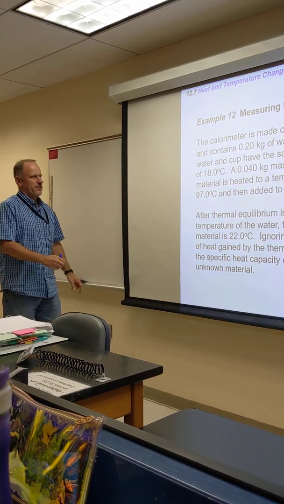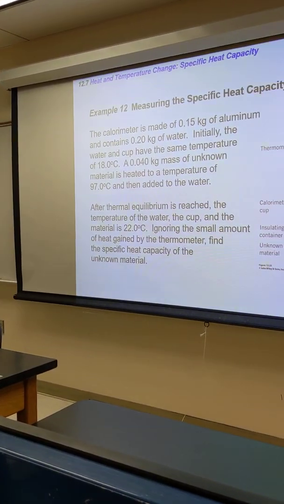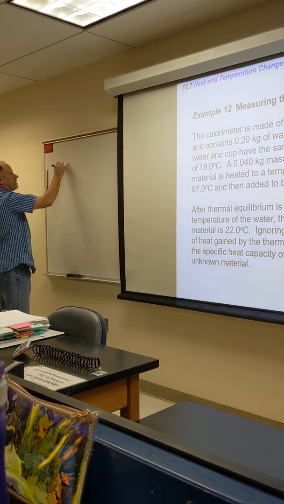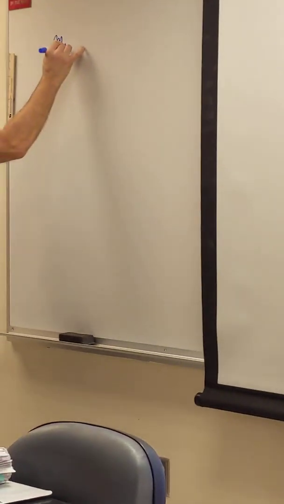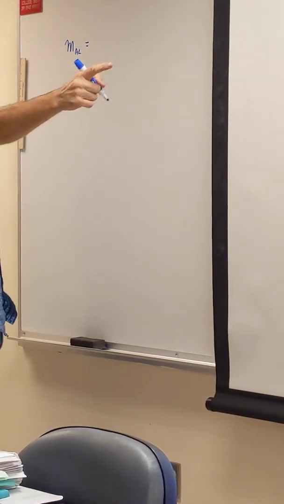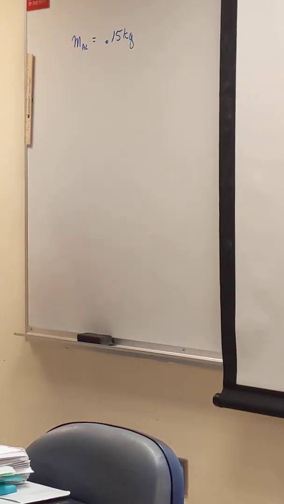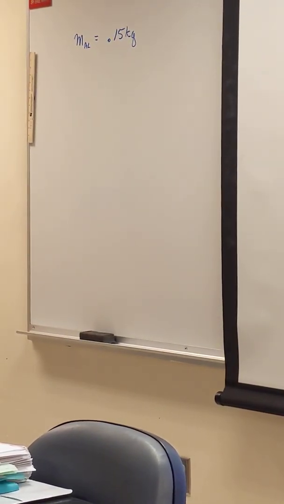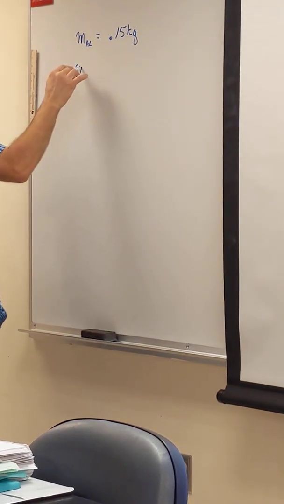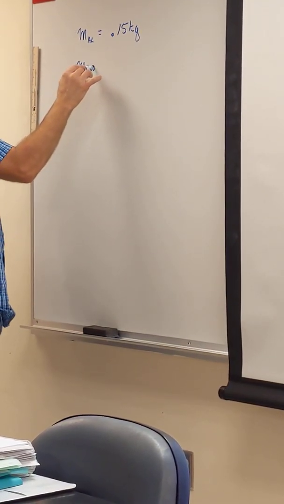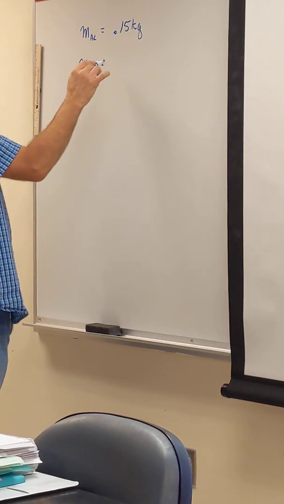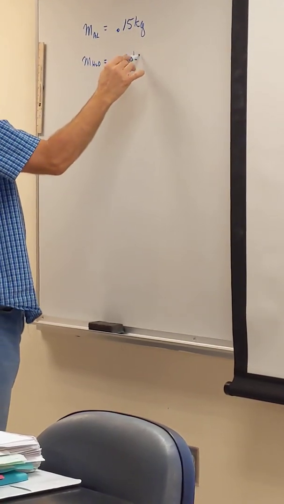Okay, so it says we have a calorimeter made of aluminum. So mass of aluminum equals what? 1.5 kilograms, right? Okay. And it has mass of water equal to 0.2 kilograms.